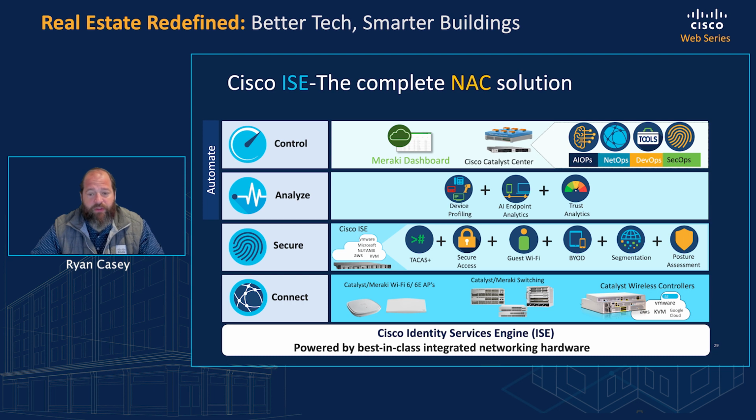Being able to have common hardware across our portfolios, and being able to connect and provide those services to those edge devices. As we move up, now that we have all of these devices and this infrastructure connected, how do we secure it? And then being able to provide secure access, our guest Wi-Fi, our segmentation policies, and then posture assessments between all of that infrastructure.